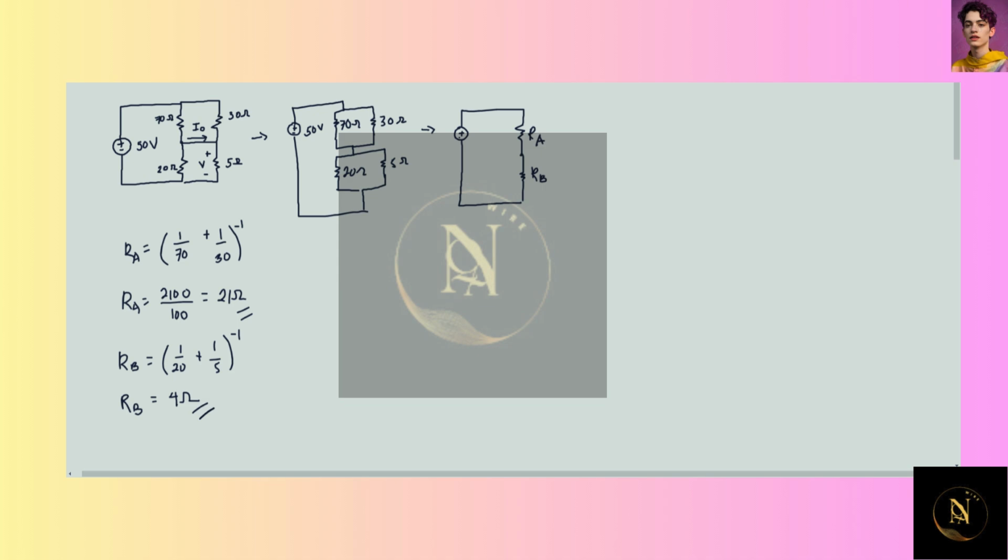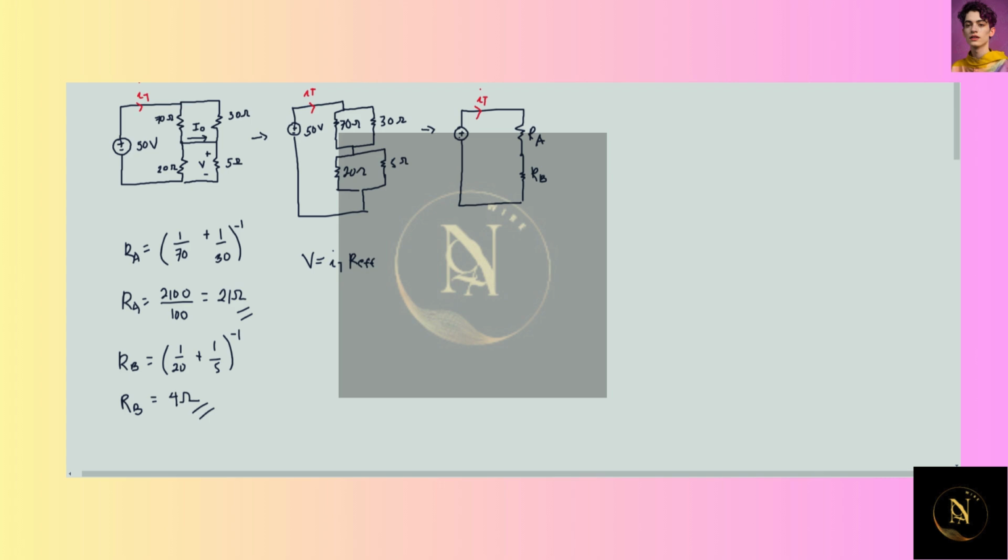Now, this effective resistance is important so that we could get the total current passing through our voltage source. So let's place IT here for total current. We're using Ohm's law. We could find V equals IT times R effective.